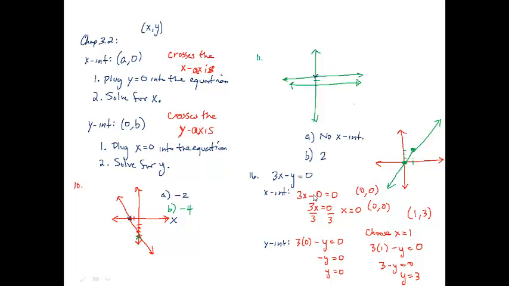So remember, in order to find the x-intercept, everywhere you see a y, you make it a 0, and then you solve for x. To do the y-intercept, everywhere you see an x, you make it a 0, and then you solve for y.